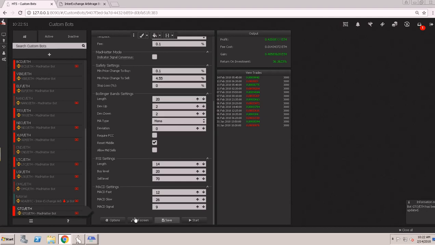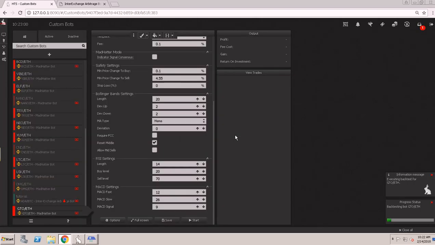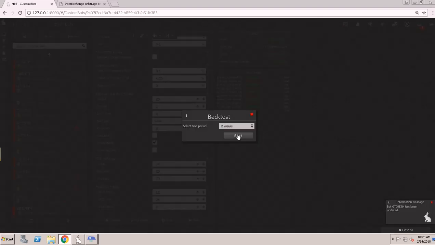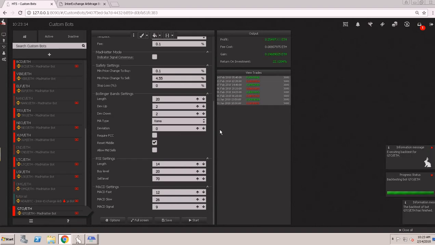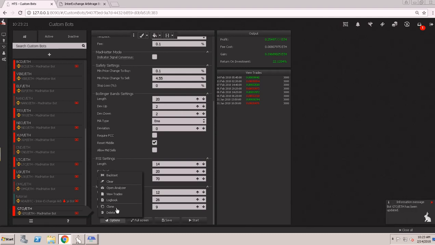Mama. $26. Kawa. 22. And Lima. Exponential moving average.